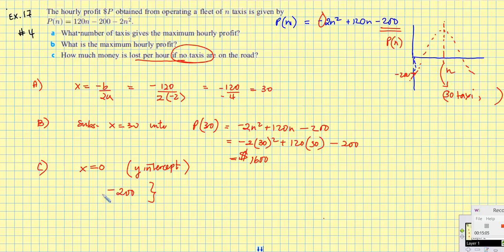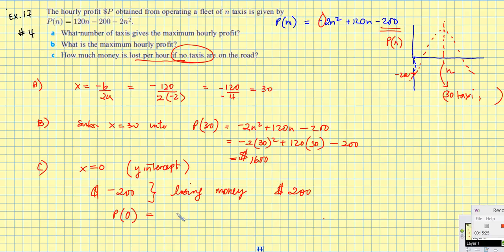Now it's negative 200 because we're losing money. So therefore, if there are no taxis on the road, you are losing $200.